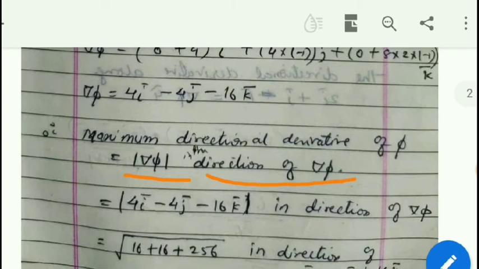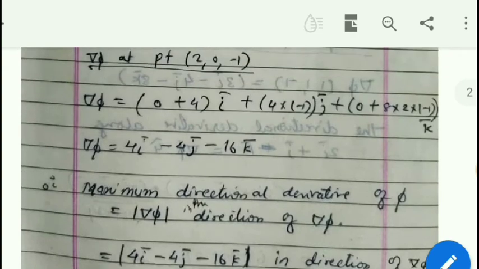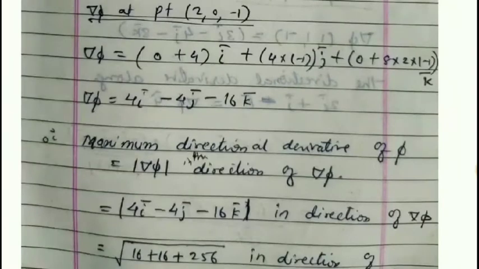We already calculated the value of del phi, which is 4i minus 4j minus 16k. So find its magnitude.